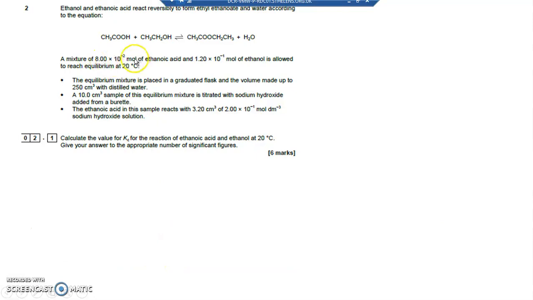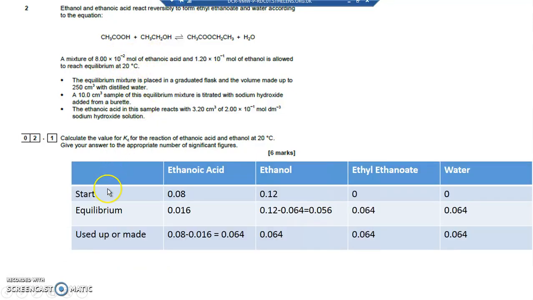Now, this is where we need to do a little table. At the start, the ethanoic acid is 0.08 or 8 times 10 to the minus 2. It tells you that in the question. The amount of ethanol is 0.12 or 1.2 times 10 to the minus 1. There's no ethyl ethanoate and no mention of water either. So that's at the start. It's always helpful to lay it out like a table like this.